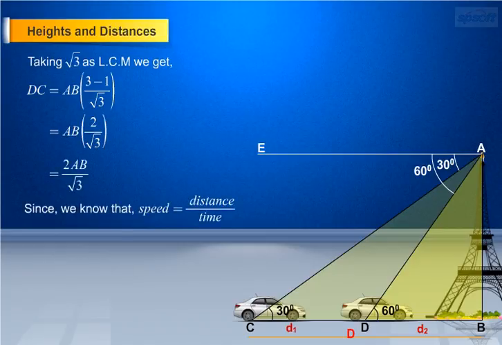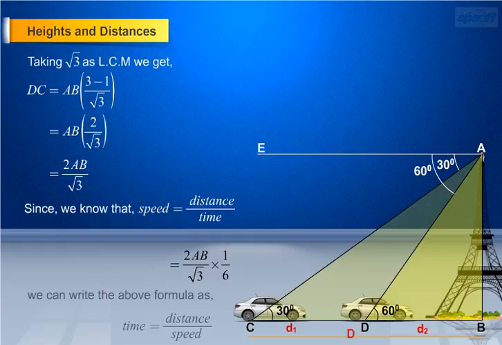Since we know that speed equals distance by time, given that time is 6 seconds and the distance DC is 2AB by √3, by substituting the values we get speed equals 2 into AB by √3 into 1 by 6. Since we need to find the time, we can write the formula as time equals distance by speed.